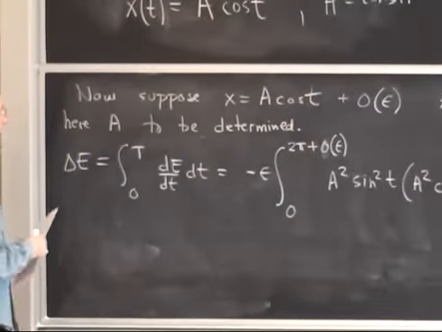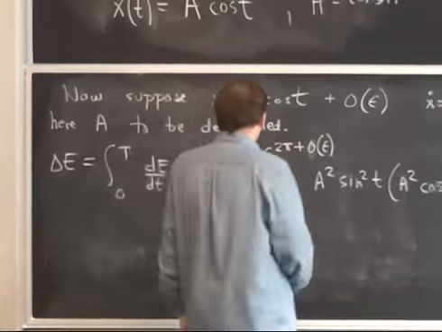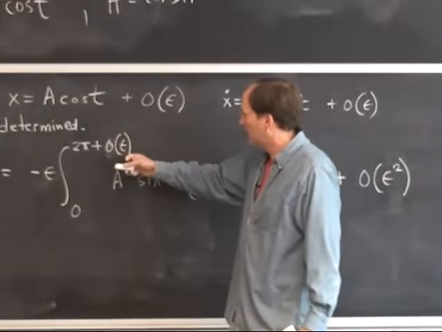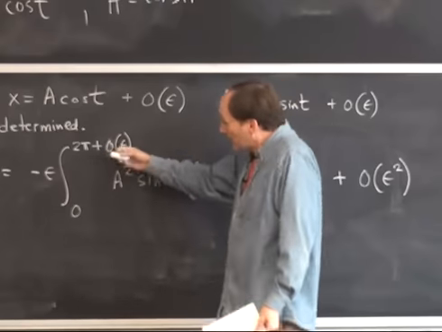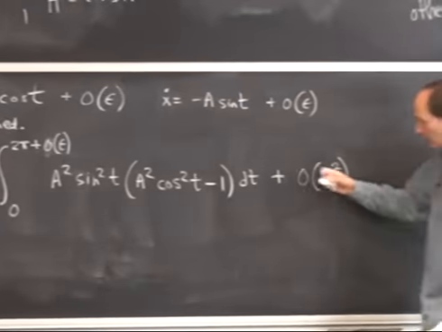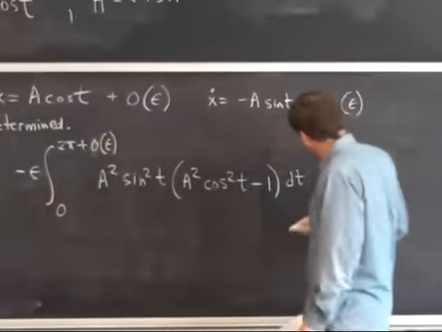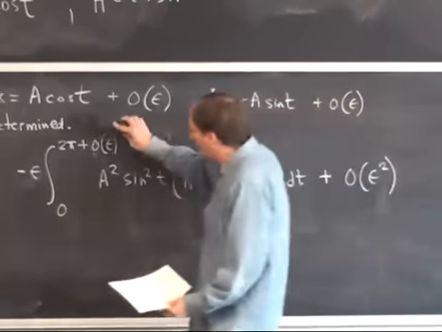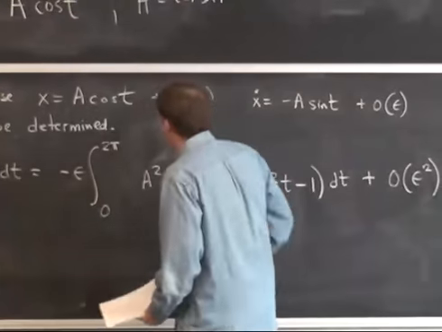Okay, so now what remains is to do this integral, where from now on I'm going to ignore this order epsilon up here because that itself introduces an order epsilon squared error, because of this factor of epsilon here, which is already lumped in there. All right, so now let me just erase that so that I can just do the integral calmly.